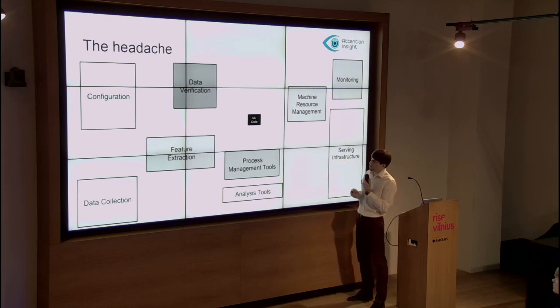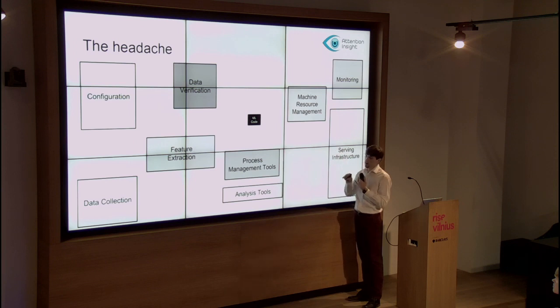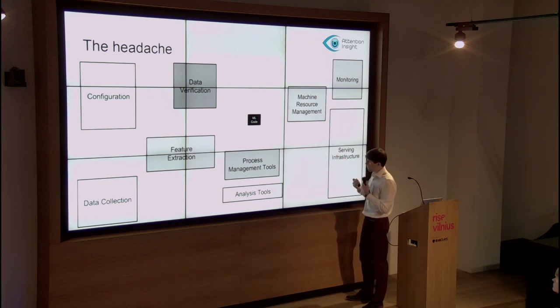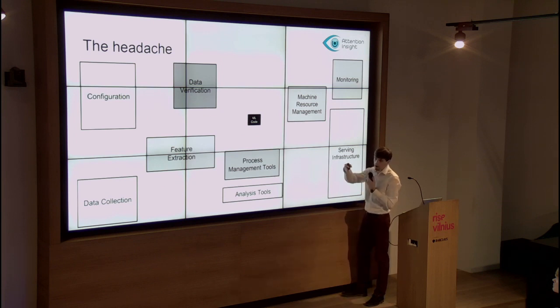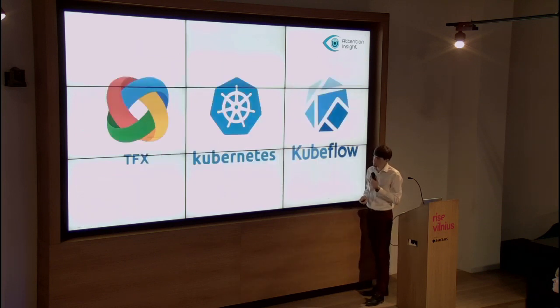Machine learning code doesn't require the most work. Usually the most work is required to do the proper serving infrastructure once you scale, or to handle the machine learning resources, or to do the data collection.